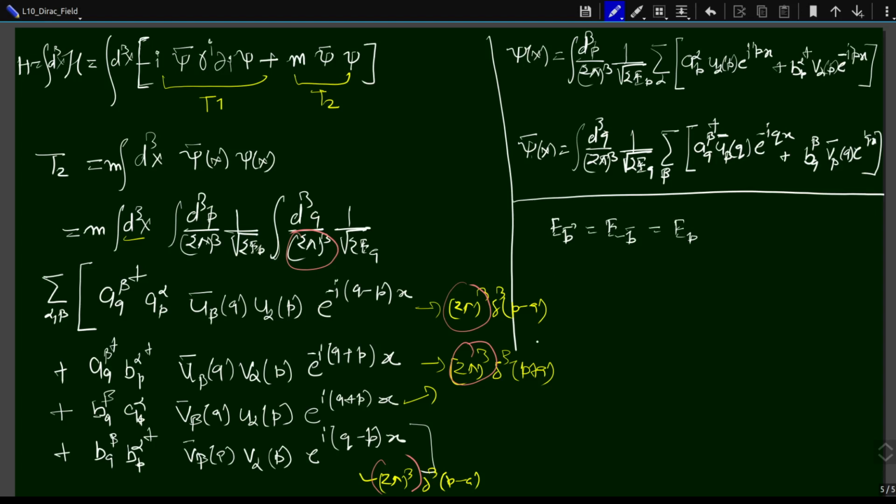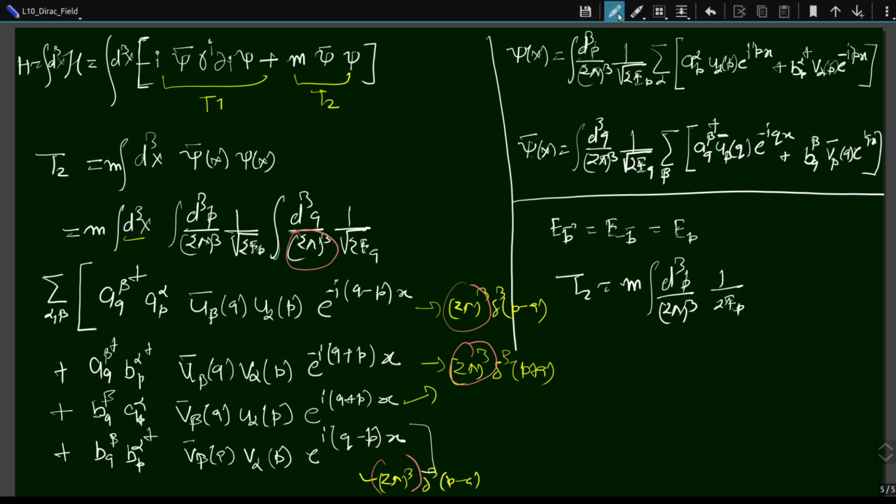So what I'll get after performing the q integral and the x integral, my T2 would be m times d3p by (2 pi)^3, that will be for sure, and then 1 by just twice EP. These two became the same. And then I have certain identities to use.